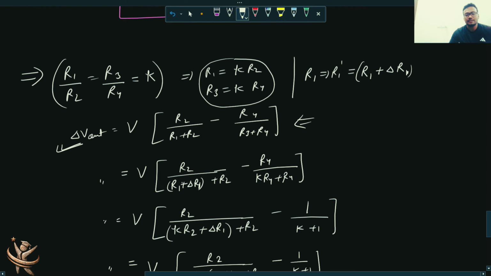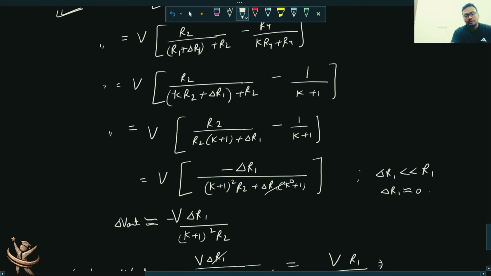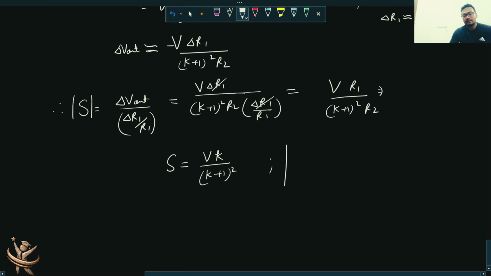See, I started with this expression, and this was the expression when there was no current in the galvanometer, like one current going through the above arm and one current going through the below arm. So again, this expression is considering that Ig is still 0.